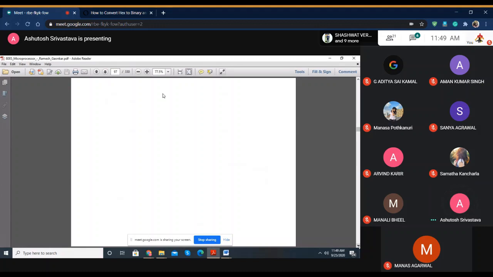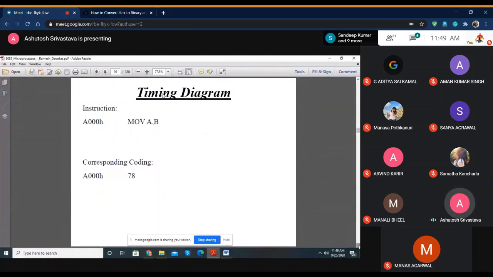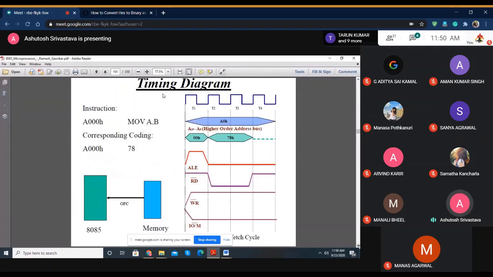Now, following this, we also talk about some timing diagrams. So please note down.